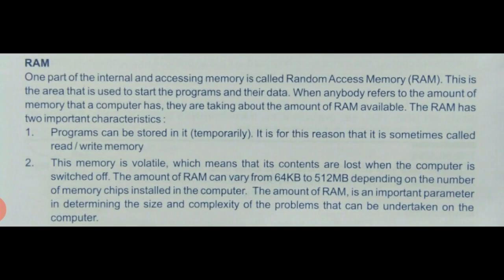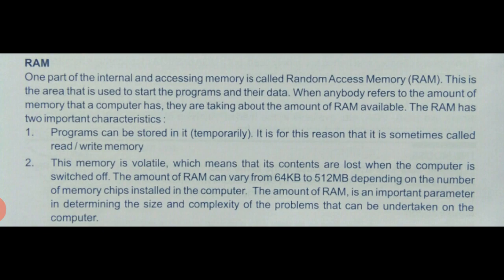Now, what is RAM? One part of internal accessing memory is called random access memory, that is RAM. This is the area used to start the programs and the data. When anybody refers to the amount of memory that a computer has, they are talking about the amount of RAM available.